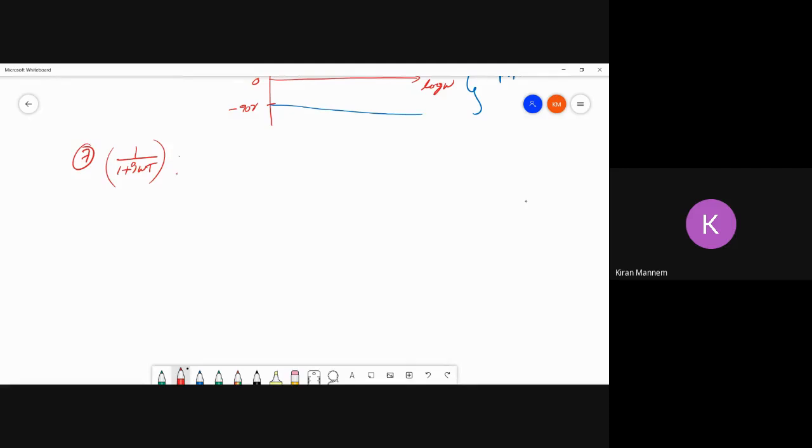So what's the magnitude? Magnitude would be 20 log magnitude of 1 by 1 plus j omega t.